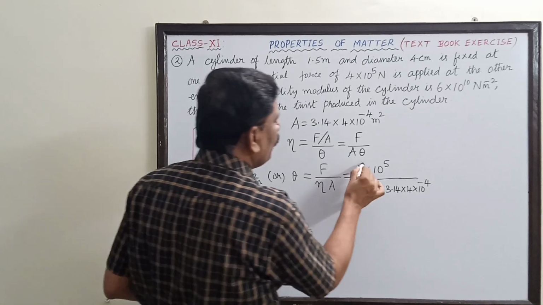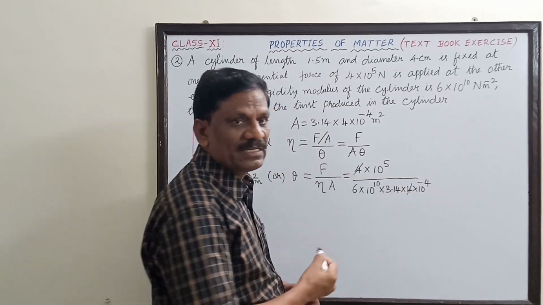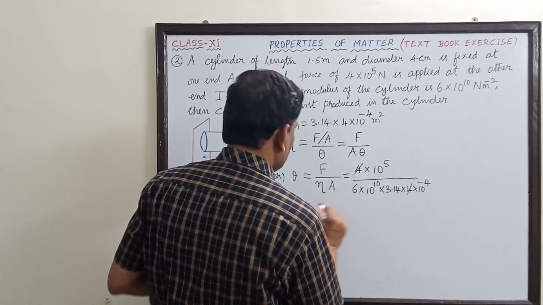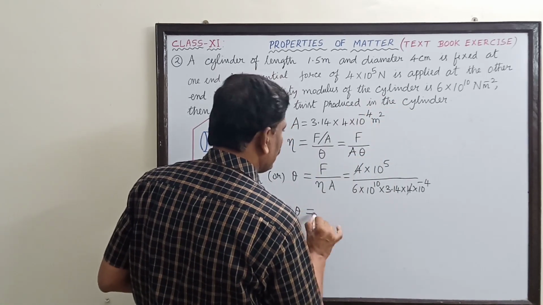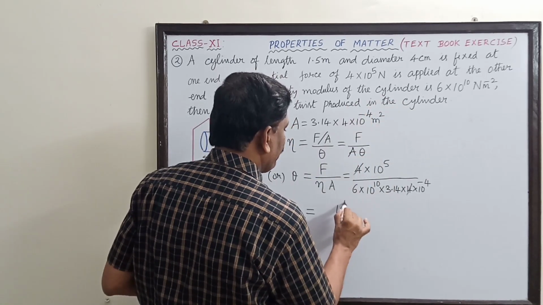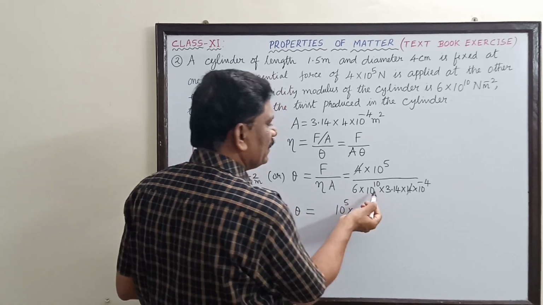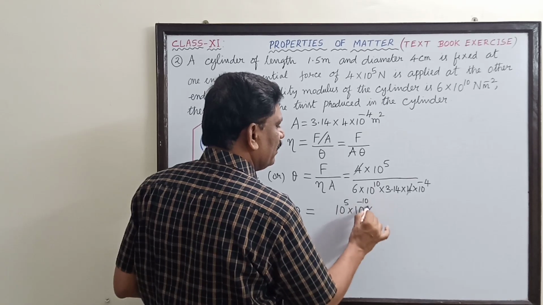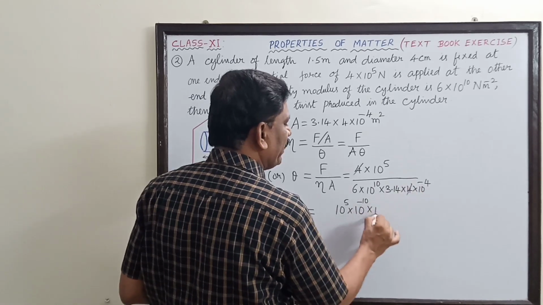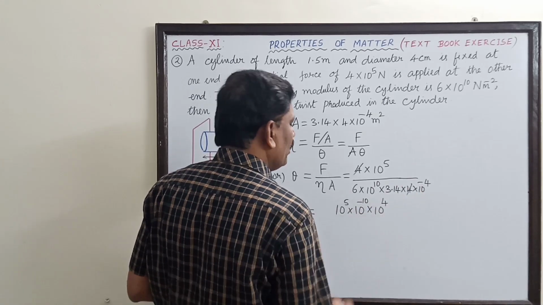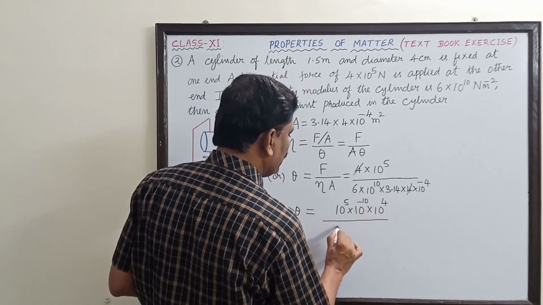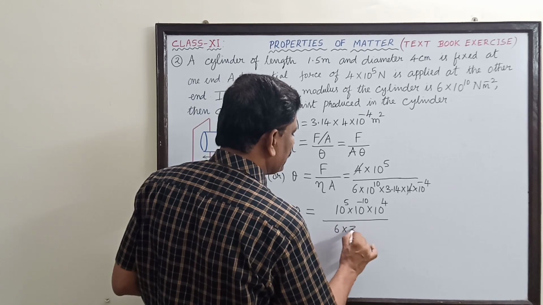Now this 4 and 4 can be cancelled first. Then all these powers of 10 can be shifted up. So theta is now equal to 10 power 5 multiplied by 10 power 10 comes up as 10 power minus 10, into 10 power minus 4 comes up as 10 power 4, whole divided by 6 into 3.14.